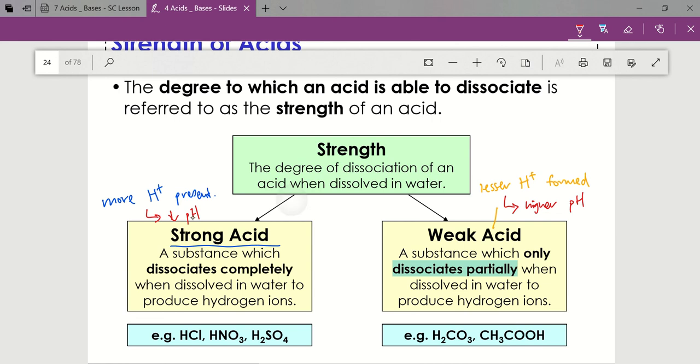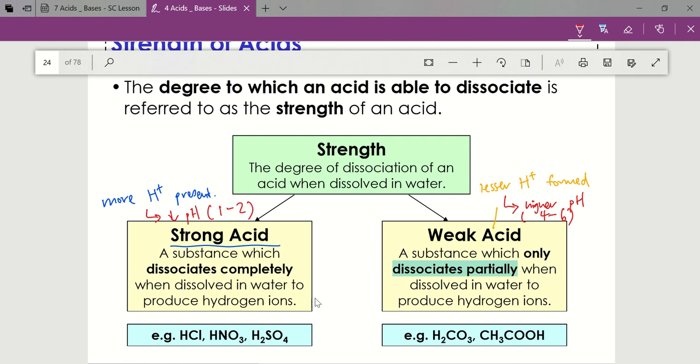For the strong acid, we are usually looking at values of about pH 1 to 2. For weak acids, we will usually be looking at values of about maybe 4 to 6. So this shows you the relationship between the extent of ionization, the concentration of hydrogen ions, and therefore the pH value of the solution.